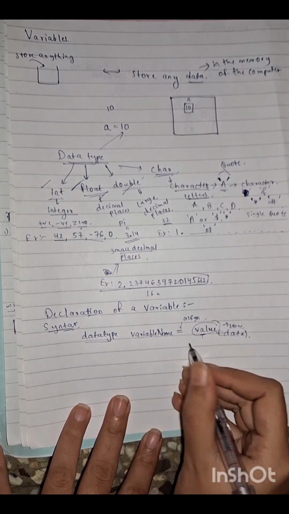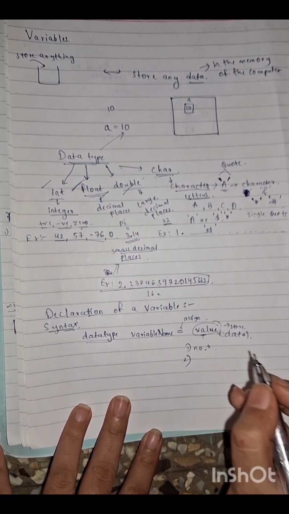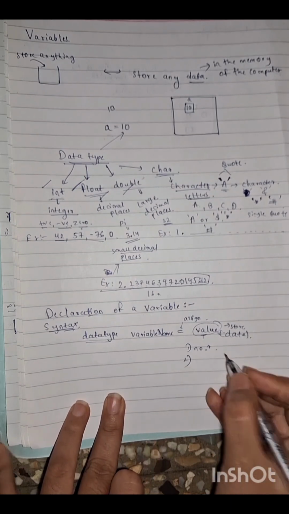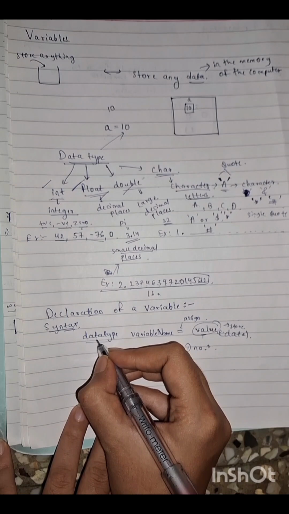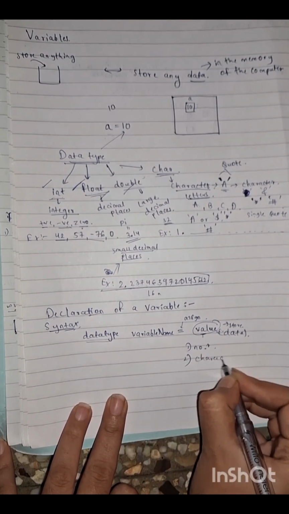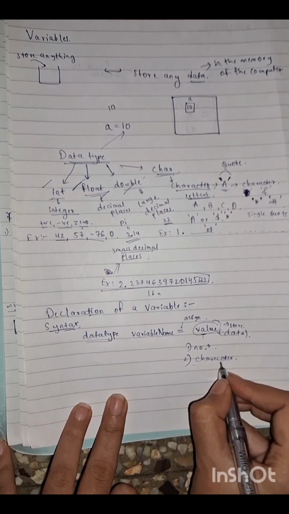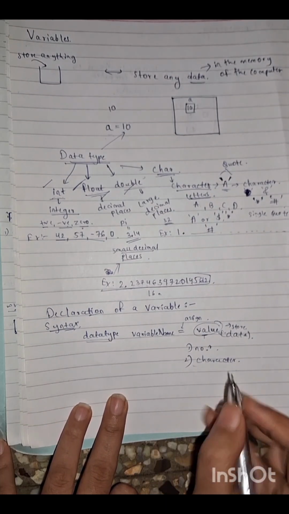Okay, first is number. And second question is, if I want to store any character or any letter, which data type should I use? Okay, character. You can comment this.